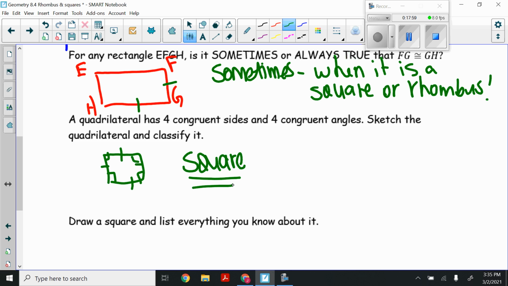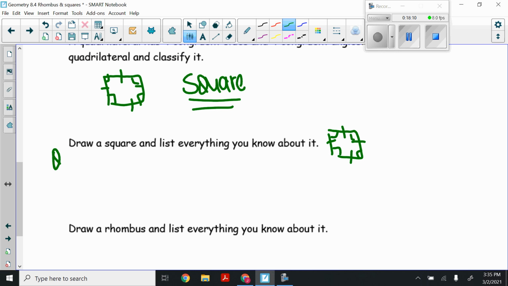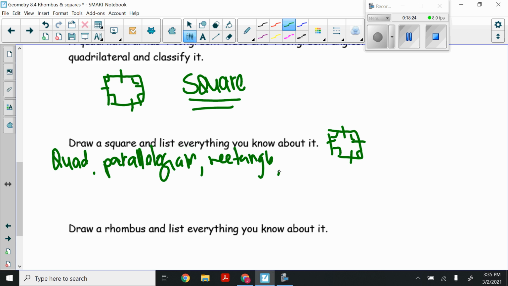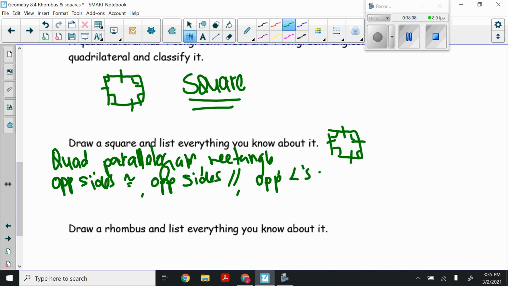So now it says draw a square and list everything you know about it. Okay, so here's my picture of my square. All 4 sides are the same, all right angles. So what's everything I know about a square? I know it's a quadrilateral. I know it's a parallelogram. I know it's a rectangle. So now all the properties of those. I know that I have opposite sides congruent. I have opposite sides parallel. I have opposite angles congruent.